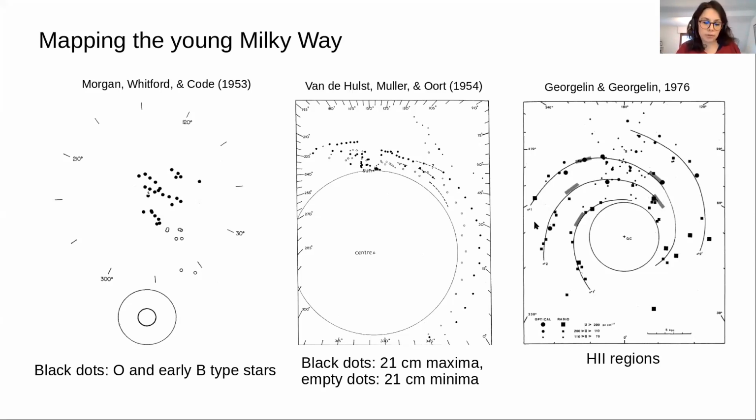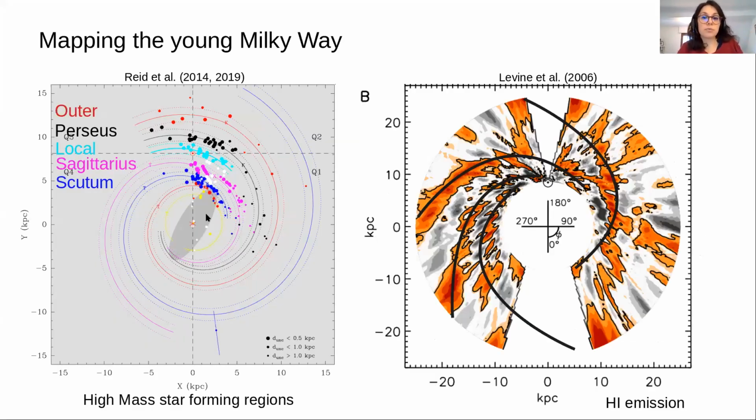And this view had a discrete success, and it is what in general we think when we think about the structure of the Milky Way, and in particular the number of spiral arms. We tend to fit, for example, the distribution of masers in high mass star forming regions with 4 or 5 spiral arms.